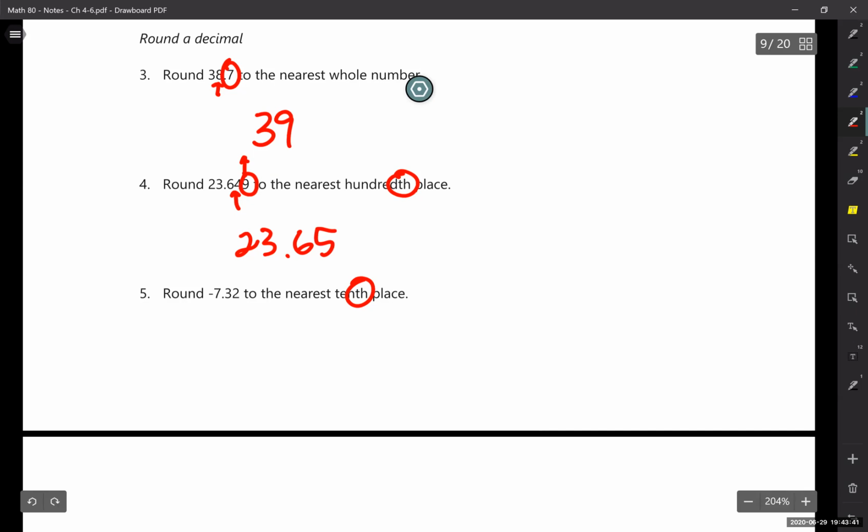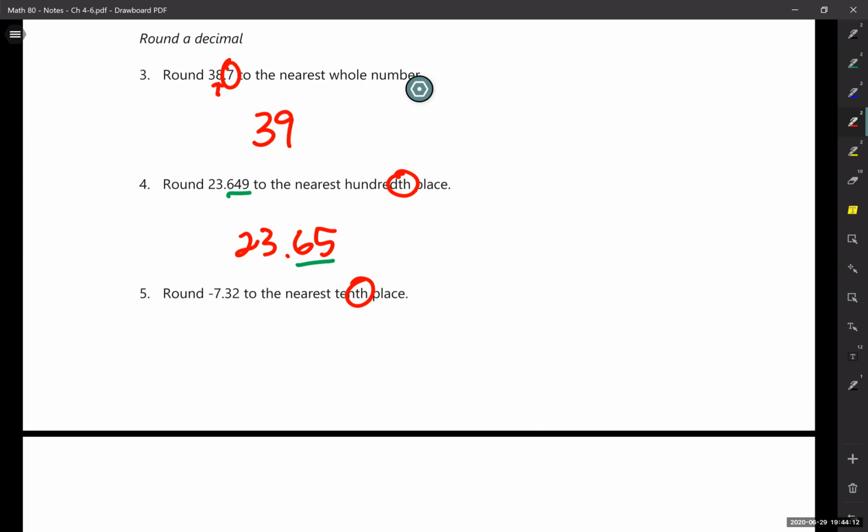And unlike whole numbers, we don't have to fill in with zeros. I had 3 spaces after the decimal in the question. I only have 2 spaces after the decimal in the answer because this extra 0 here is unnecessary with decimals. So I don't even need to write it. So I just end up with 23 and 65 hundredths.